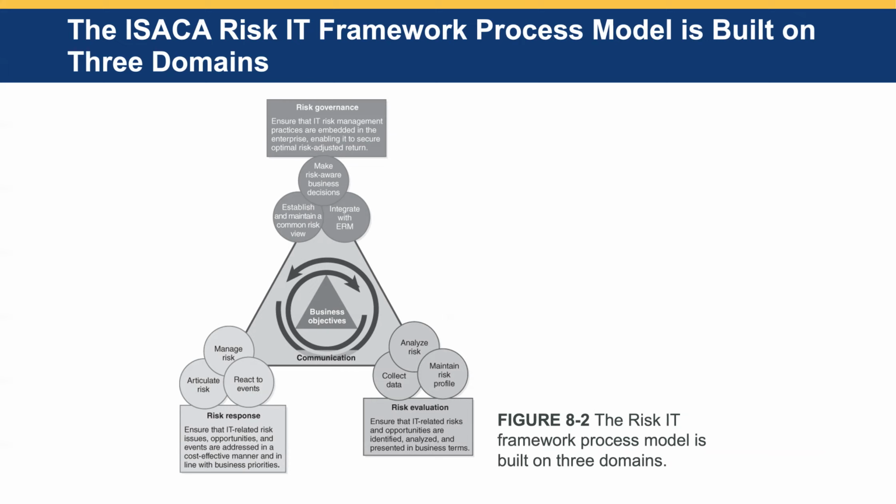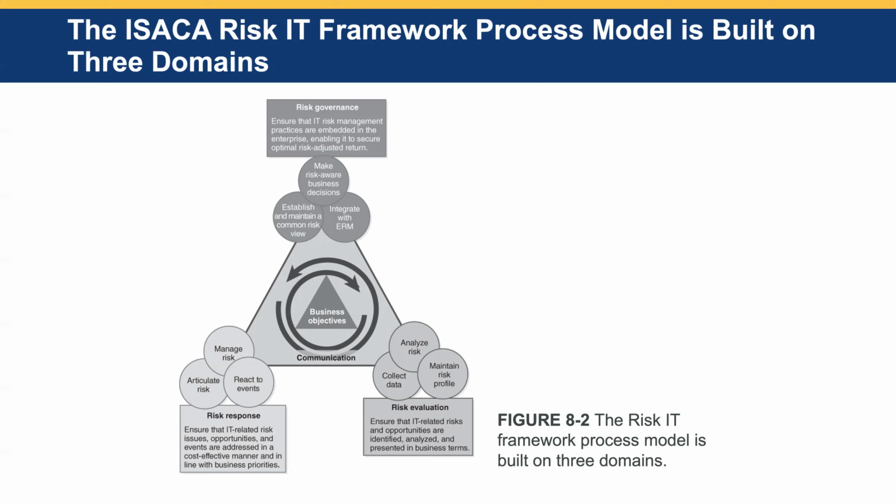We also need to have appropriate risk evaluation. This ensures that risks are identified and presented to leadership in business terms. And then we also need to have appropriate risk response. This ensures that risks are reduced and remediated in the most cost-effective manner. Each of these domains has to work in tandem to ensure that we maintain flexibility and agility for the organization.